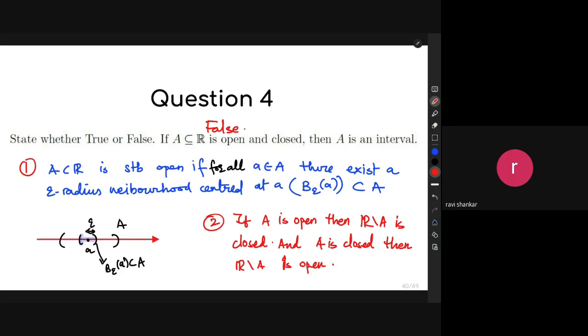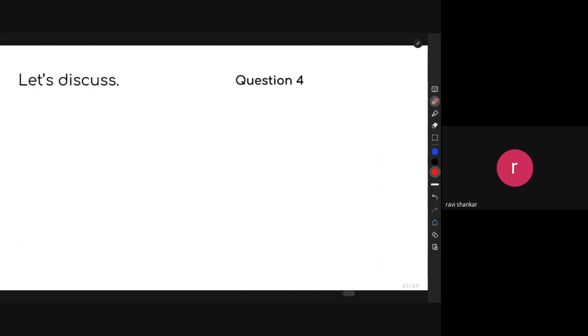So if I use the second fact, A is open, implying that R minus A is closed, and A is also closed. In other words, if I start with A closed, then R minus A is an open subset, and similarly A is also an open subset.